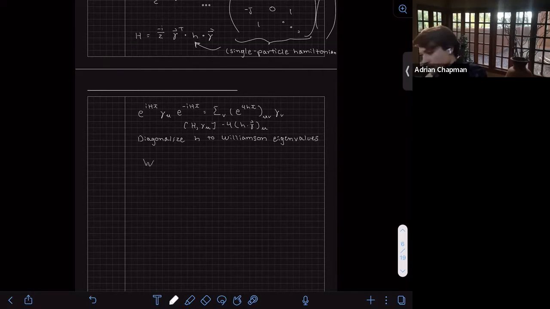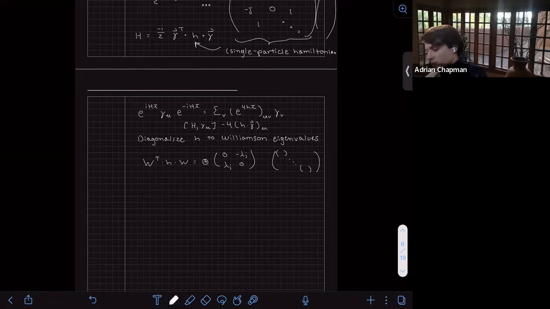Let me call my diagonalizing orthogonal matrix W and conjugate h by that. This gives me a block diagonal form where its Williamson eigenvalues are the off diagonal entries. So this is a block diagonal anti-symmetric matrix, and the only free parameters here are the off diagonal values.